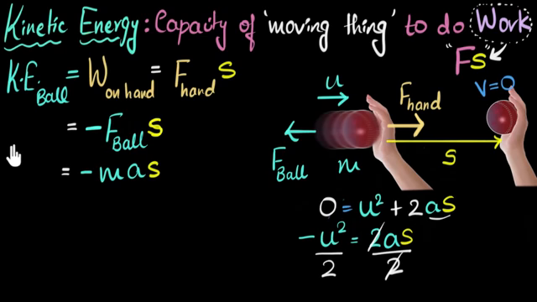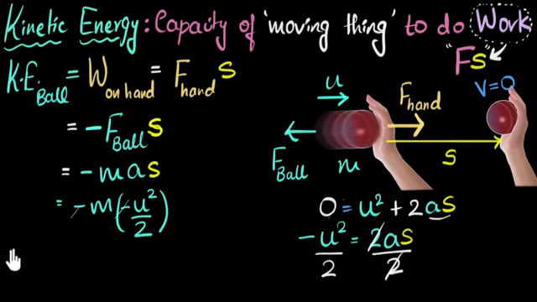Let's plug that in over here. So this will be minus m times AS, which is minus u square by 2. And I have gotten rid of everything I wanted. And now I have mass and velocity. Also, the negative sign cancels out. That's also good.